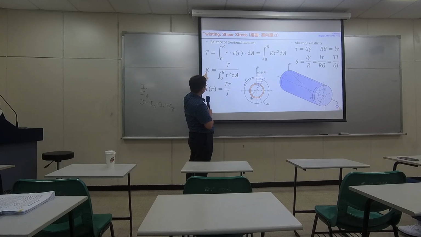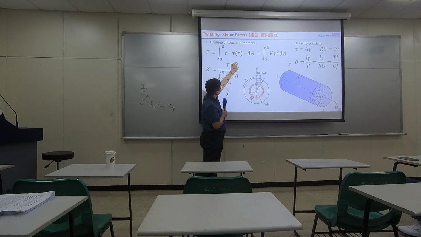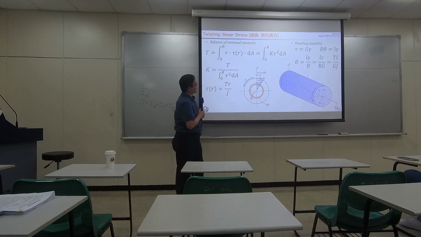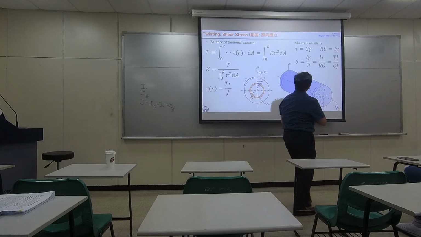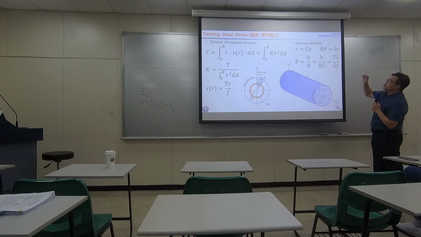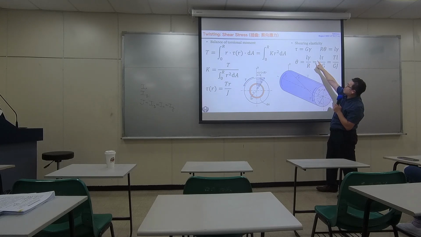So at the end, kr goes back to here. I have tau over r, so r goes to the right-hand side. So I have tau equals T r over J. J you can find from the textbook. Comparing to the linear stress analysis for shearing, tau equals G times gamma.